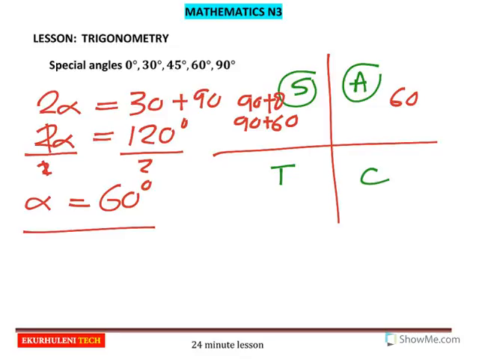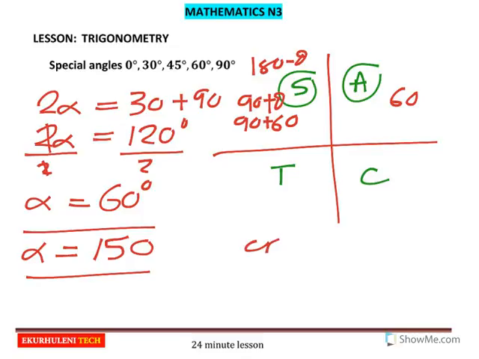You're going to get 150. So alpha is equal to 150. Someone will say, but we're writing here also 180 minus theta, and it is still the same. You can say another version is 180 minus 60, which gives 120.